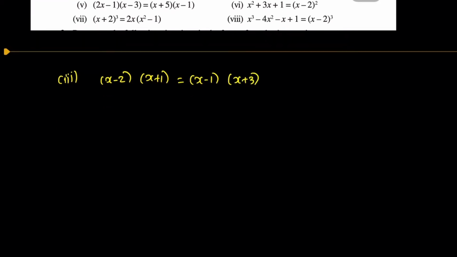Question number 3 now. (x − 2)(x + 1) = (x − 1)(x + 3). So now we need to multiply each and every term. So x times x is x², and plus x, minus 2x, then minus 2.